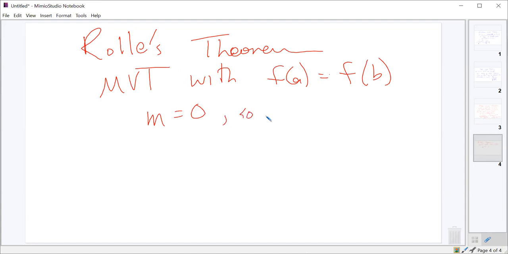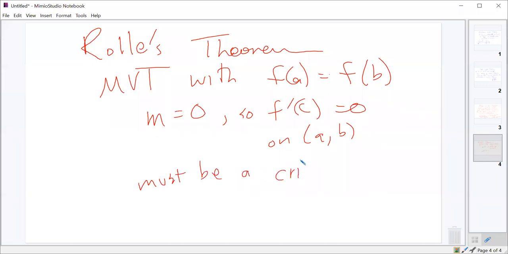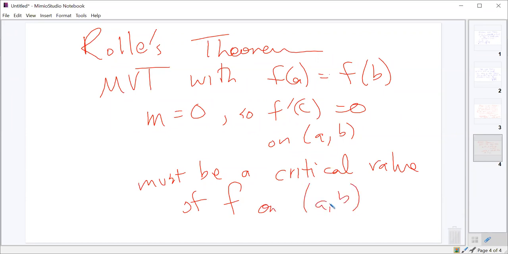And so f prime of c equals 0 somewhere on a to b, which tells us that there must be a critical value of f on a to b. Everybody good with that one?